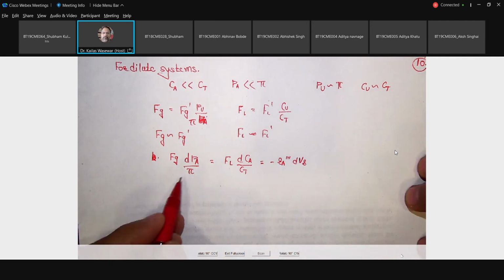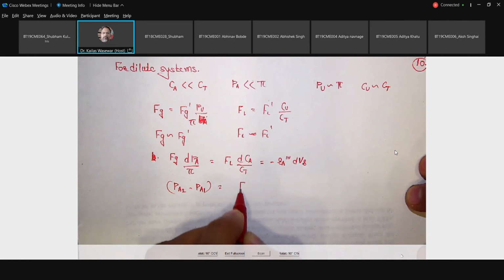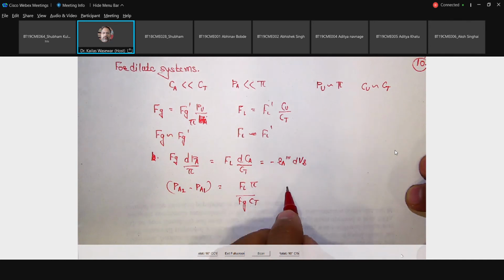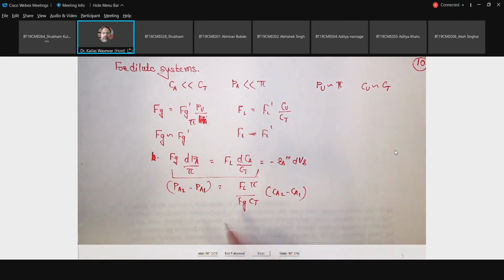If you simplify it, the direct equation will be PA2 minus PA1 is equal to FL pi upon Fg Ct, CA2 minus CA1, from these two. So this will be the equation for the dilute system.